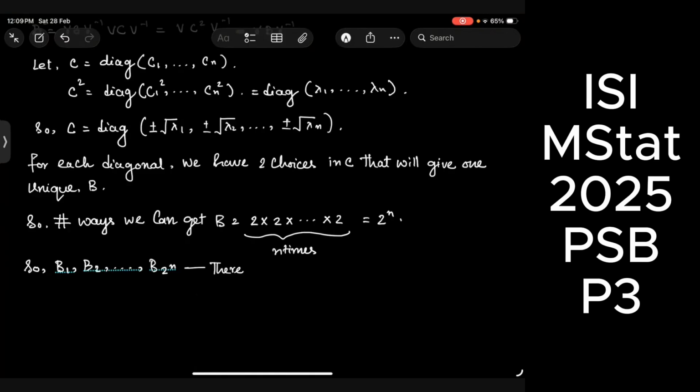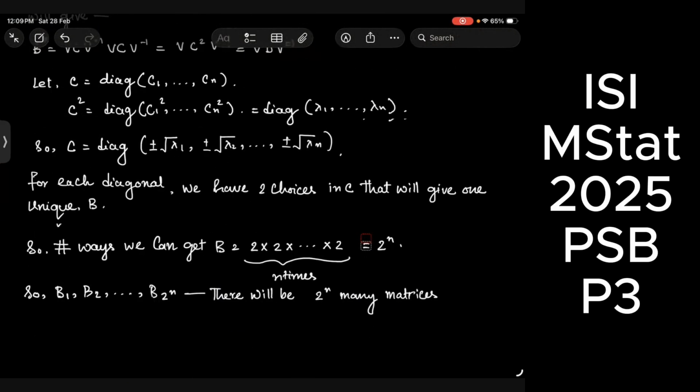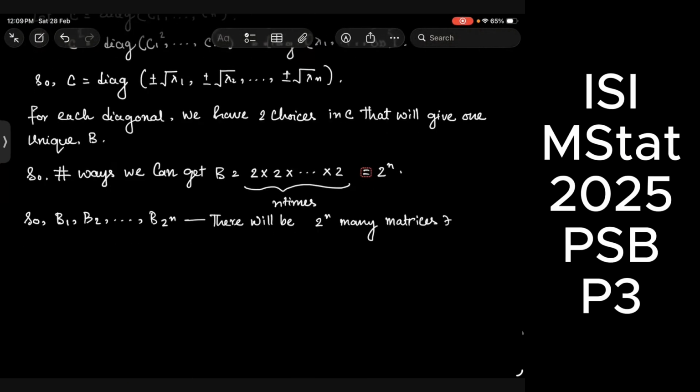There will be two to the power n many matrices such that Bj square equals A for all values of j equal to 1 to 2^n. Hence, proved.